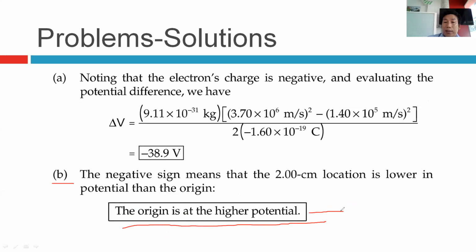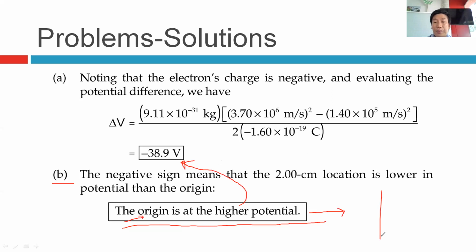This is the same as the question that asks you the direction of electric field. It's right, they ask in a different way, but the meaning is the same. So the origin is at higher potential because the difference in potential is negative.